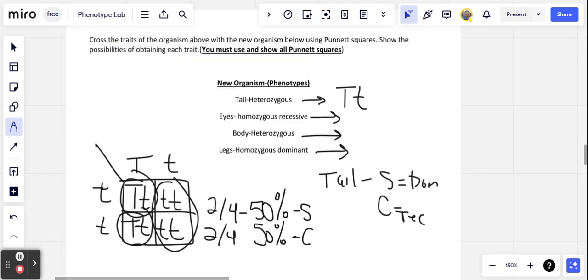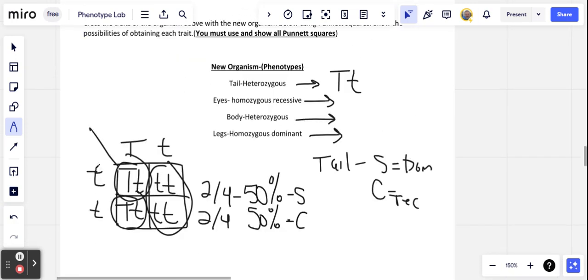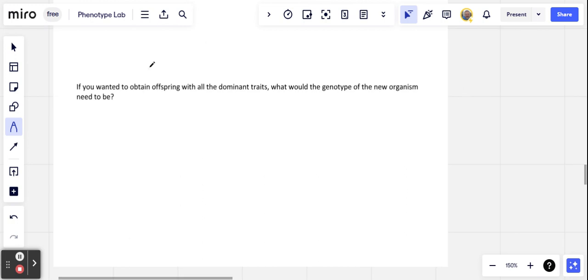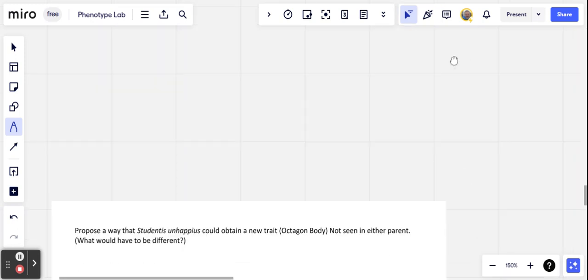So I want you to just see if you can figure that out. So here we tried homozygous recessive, we got 50% recessive. So in the end, the answer to this question is, what's the cross for each trait that we have to have? Then we always get the dominant trait. So try that out. We'll discuss that in class.